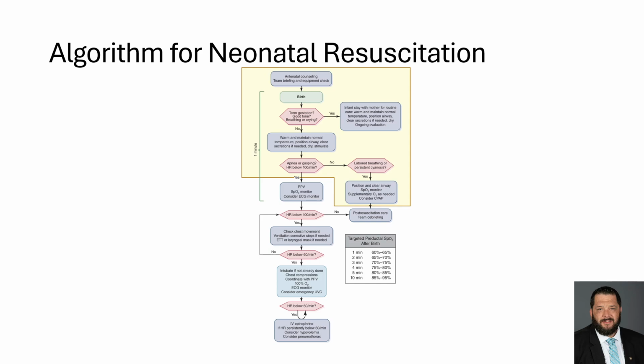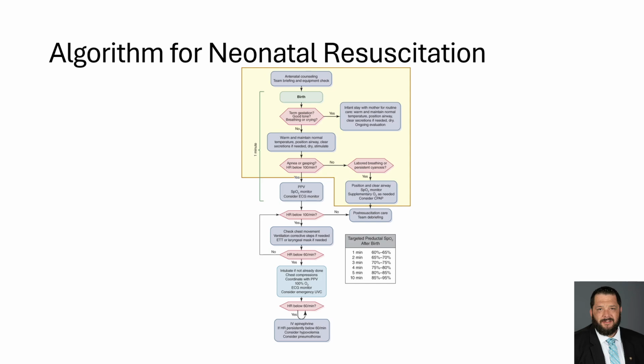If heart rate goes below 60, we're going to go back to compressions. We'll consider the use of epinephrine as an adjunct to resuscitation, but only after other things have been considered. Is baby hypovolemic? Is baby hypoxic? Have we corrected those underlying issues? And then we can consider the use of IV epinephrine if the heart rate remains below 60.